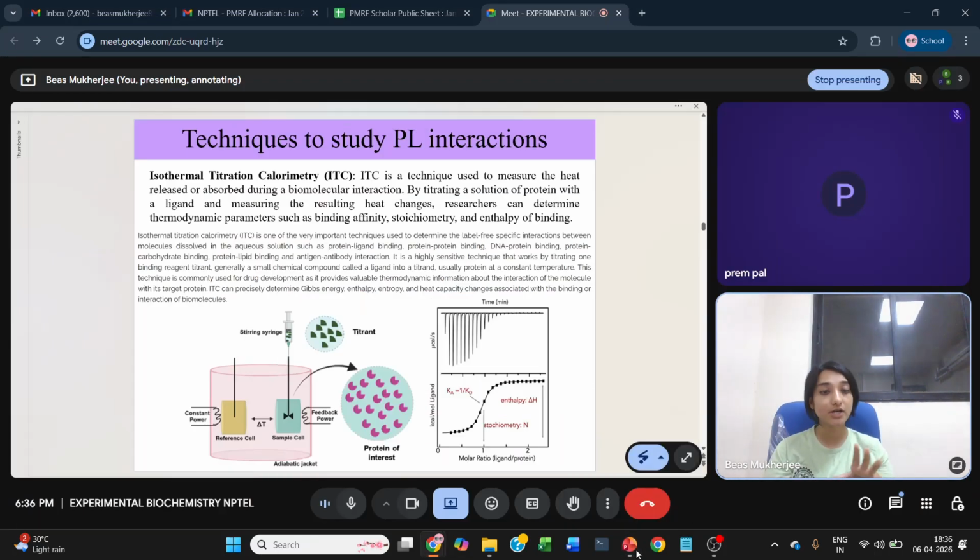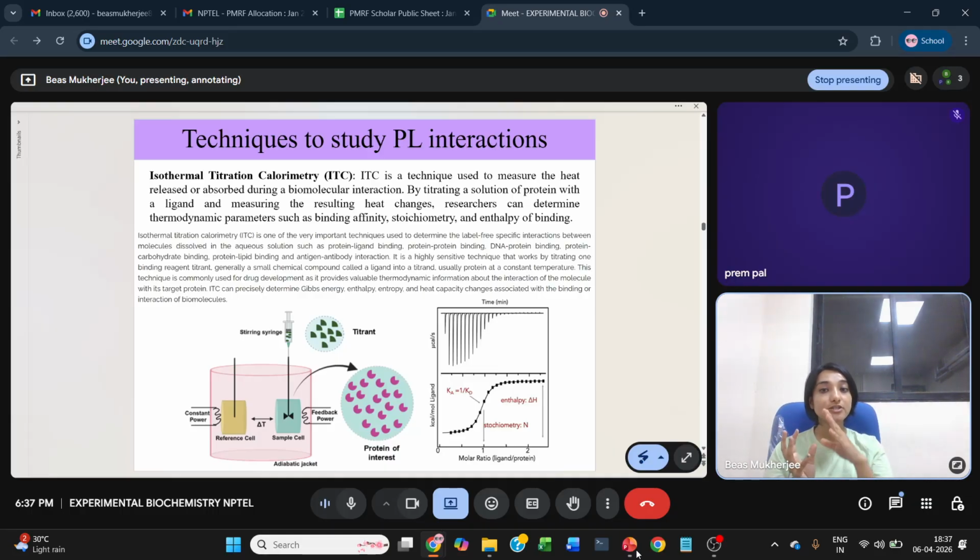Now we will talk about another very important technique that is called isothermal titration calorimetry. So what is happening here? Okay, let's say there is this protein. You add the ligand. Because the protein is binding to the ligand, since the bonds are forming, it is either an exothermic reaction or an endothermic reaction, right?